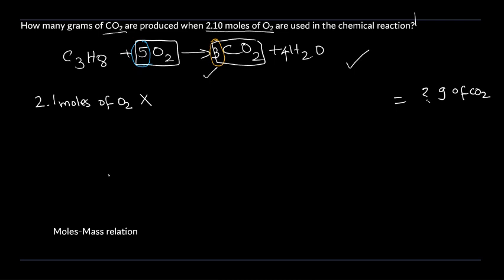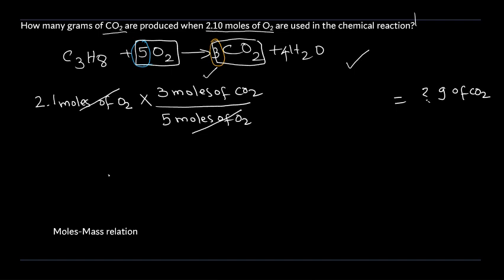Now I will look in the equation, connecting the dimensional analysis with the equation. For 5 moles of oxygen, the mole ratio is 5 moles of oxygen gives 3 moles of carbon dioxide. And now I can cancel moles of oxygen and moles of oxygen.